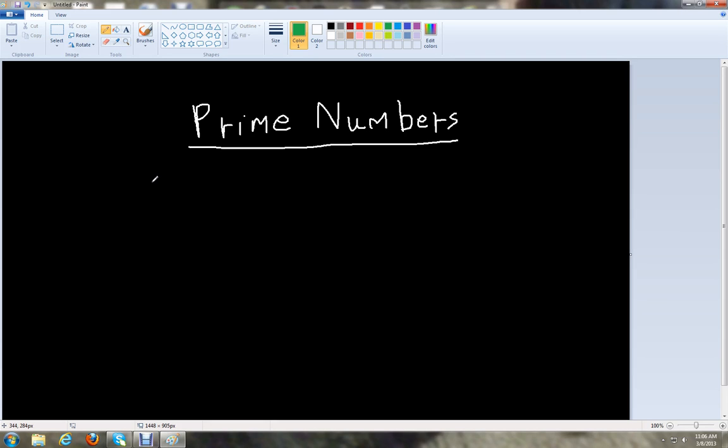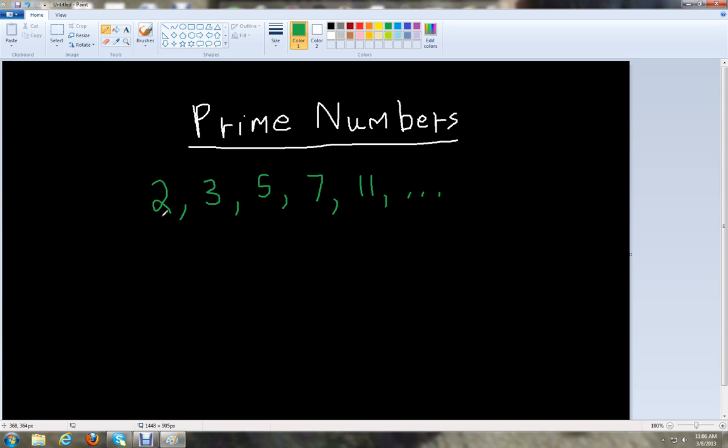So the first prime number would be 2. And then the next prime number would be 3. And then you have 5 and 7 and 11 and so forth. So notice that these numbers are only divisible by 1 and itself.